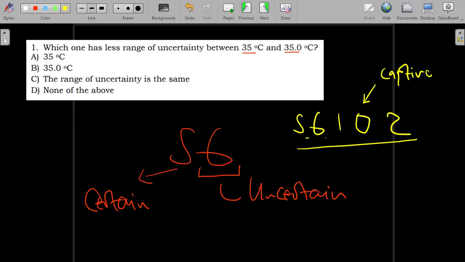So we have 5 significant figures. When they ask which one is uncertain, the uncertain digit will be the last significant figure. So this 2 is uncertain, and 5, 6, 1, and 0 are the certain digits. The uncertain digit is always the last significant figure in a number.